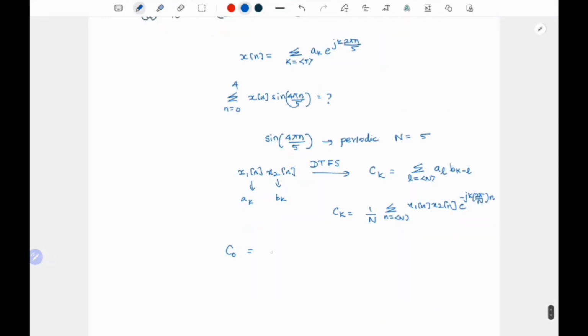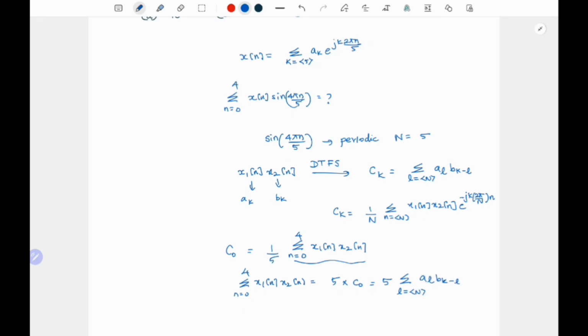So your c0 is nothing but 1 over N summation n equal to 0 to 4 x1 of n x2 of n e power minus j k 0 here. So this term will go away and this is what we require. So summation n equal to 0 to 4 x1 of n x2 of n is equal to N into c0, which is nothing but 5 into c0.